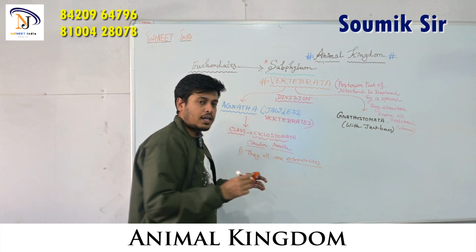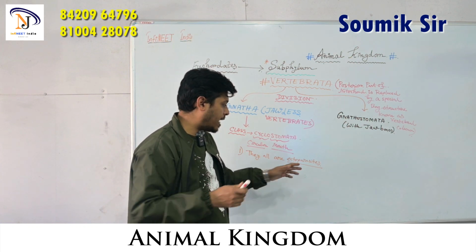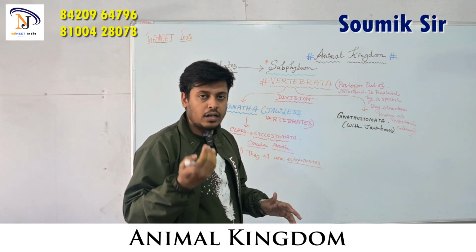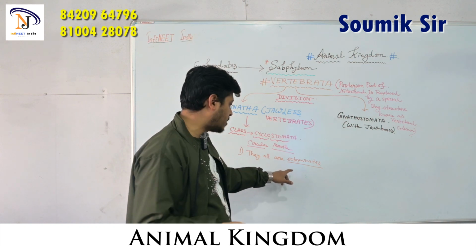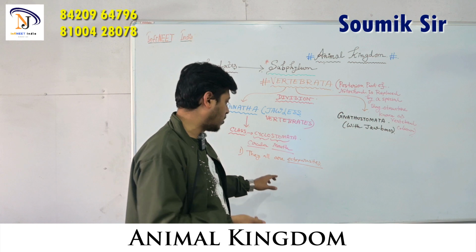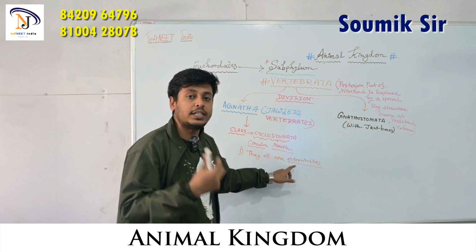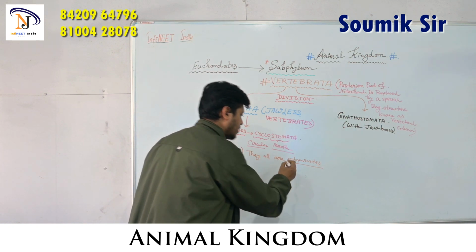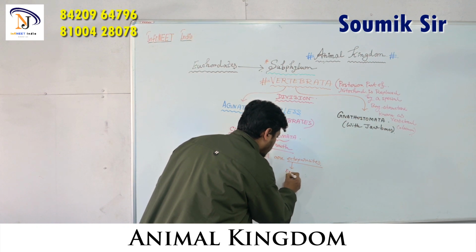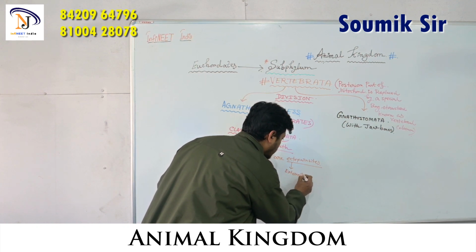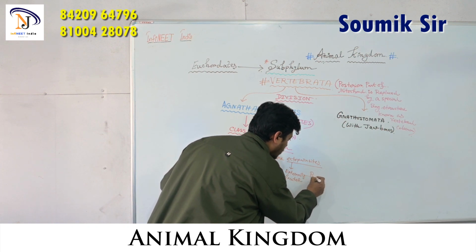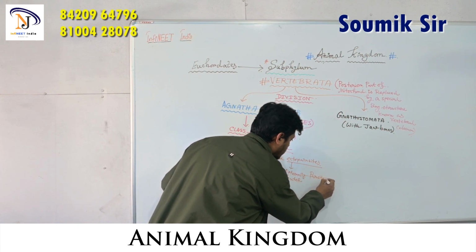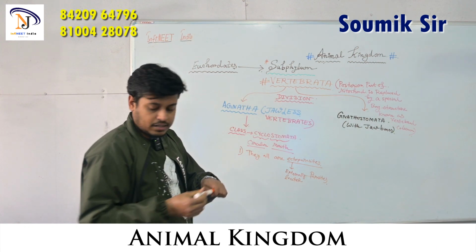Ectoparasites depend on other animals, mainly marine or aquatic fishes, and absorb their nutrients from the external part of the body. Ecto means externally located parasites.